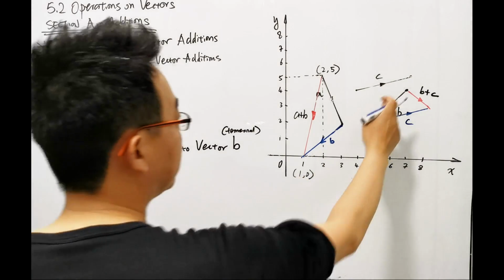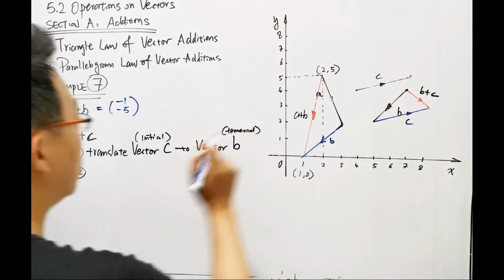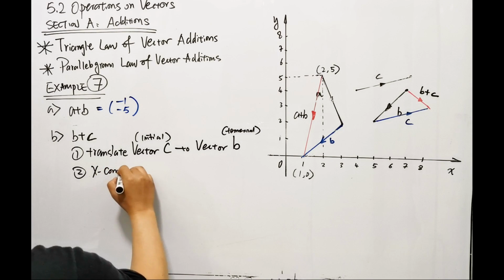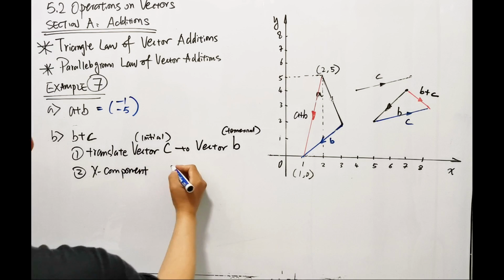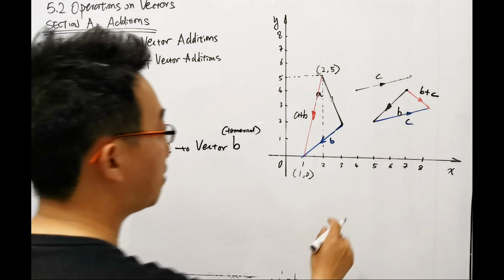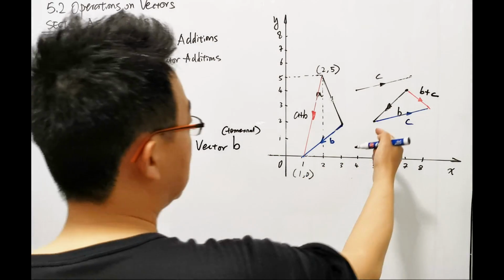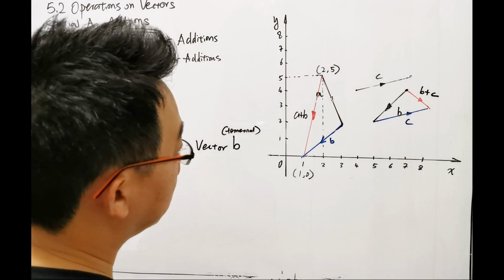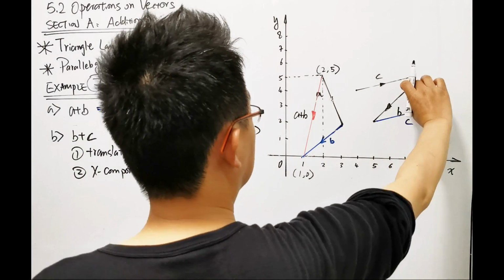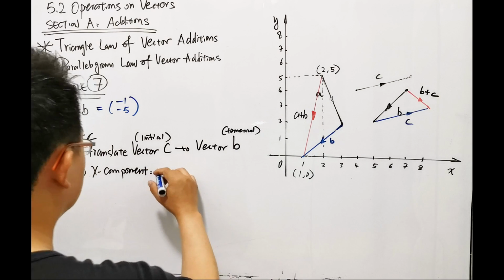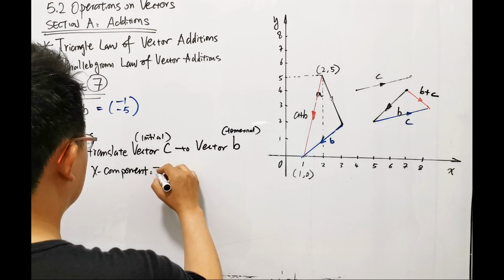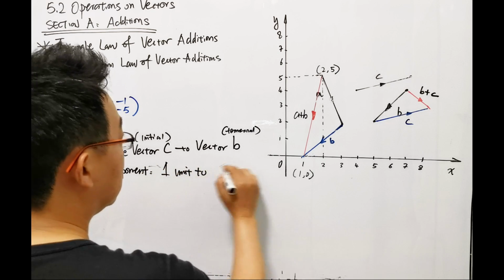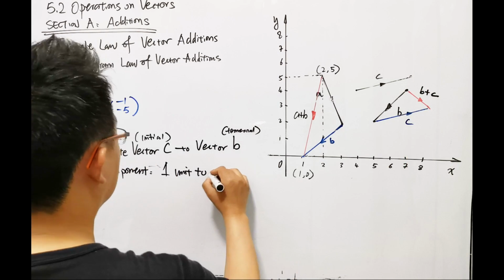So we can have A plus C equals to, then we will have the X component. So what is the X component? The X component is the displacement going upwards, okay. They have a displacement of 1 unit, 1 unit to the right.